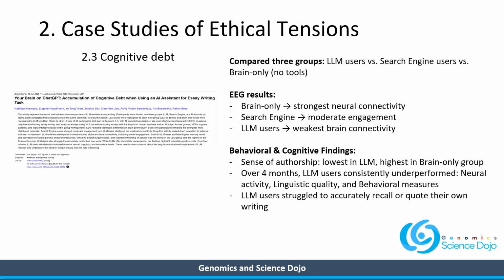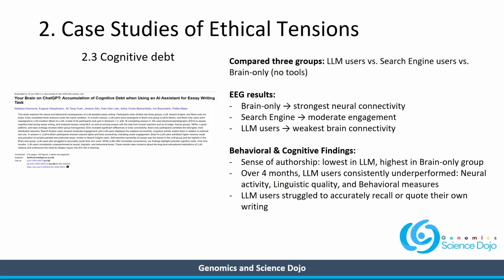So in this study, they compare three groups: users who use LLMs or generative AI tools; a second group, users who use just a search engine without AI, so they're just using Google, Yahoo, or other search engines; and lastly, individuals who only use their brain, essentially no tools involved.